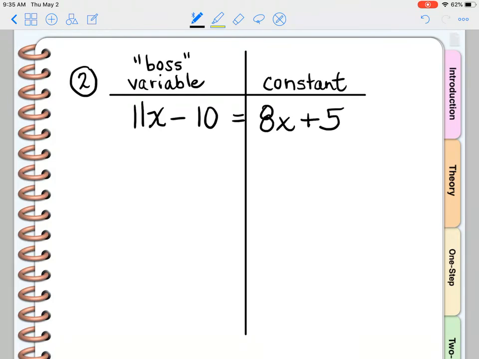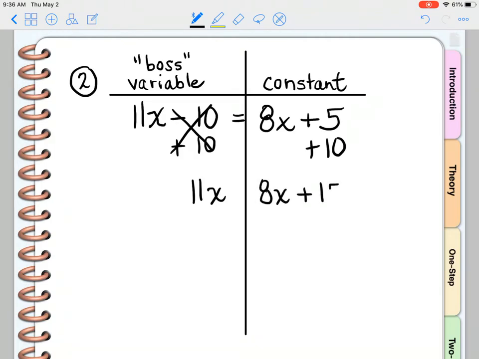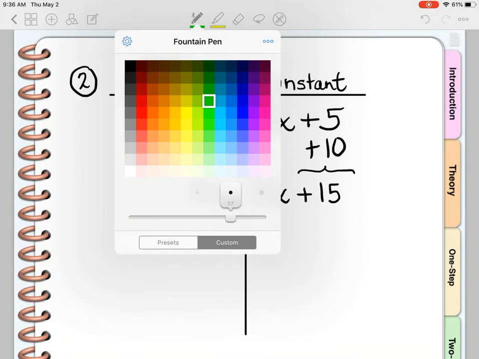Okay, so I need to move the minus 10 and I need to move the 8x. And I'm going to start with the minus 10. I'm going to add that 10 here so that it will cancel and add it over here under this constant also. So I have 11x, 8x plus 15. And to get the 15, you're just adding those two constant terms. And this is the new step, so let me change the color.